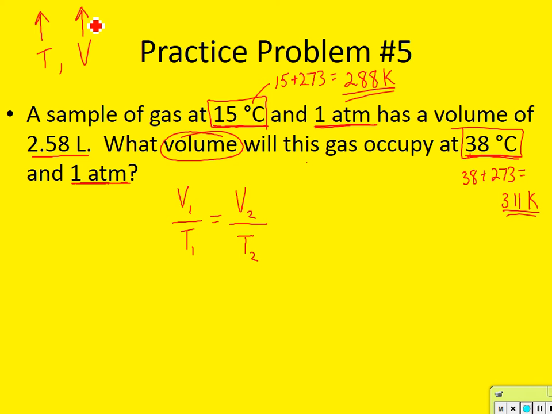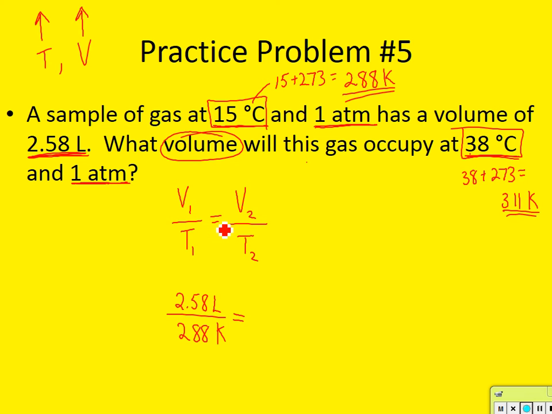So what I'm going to do now is plug in my variables. Volume initially was 2.58 liters. So 2.58 liters divided by T1. Temperature 1 was 15 degrees Celsius, but remember, you've got to change it to Kelvin. That's 288 Kelvin.